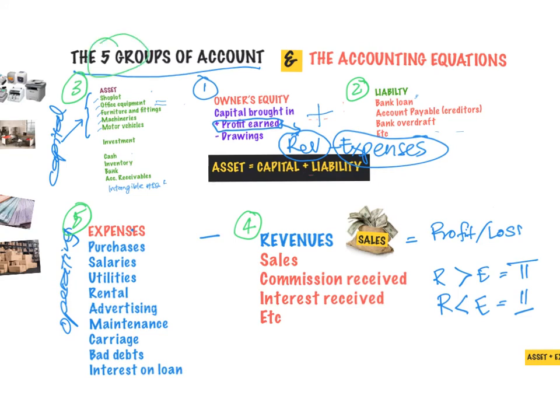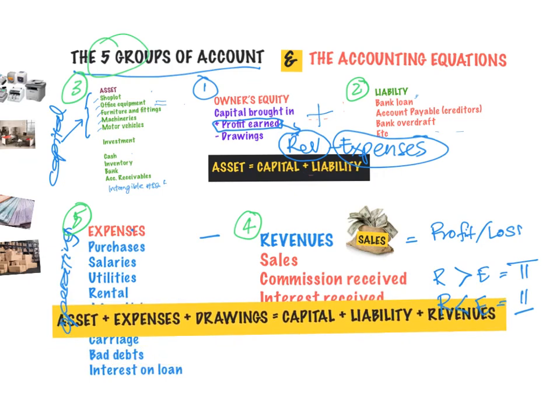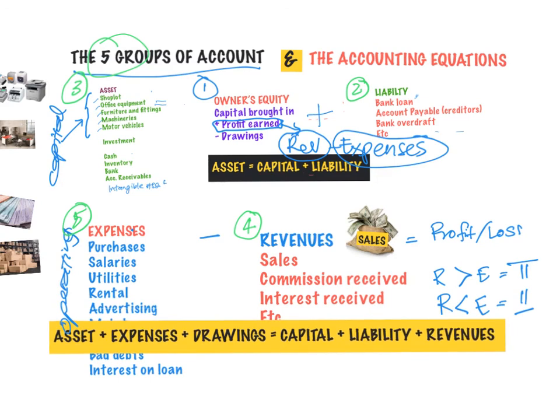So when we want to include all these 5, then we can have a new accounting equation. As you can see, this is another accounting equation that we can have, which is asset plus expenses plus drawings. You remember the drawings that we have here? Okay, plus the drawings will be equal to capital plus liability plus revenue.